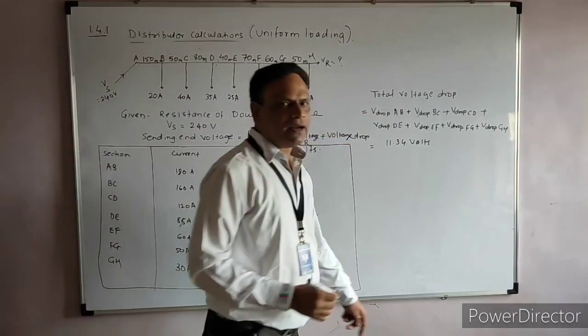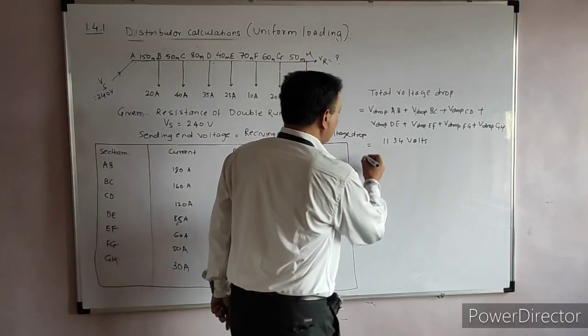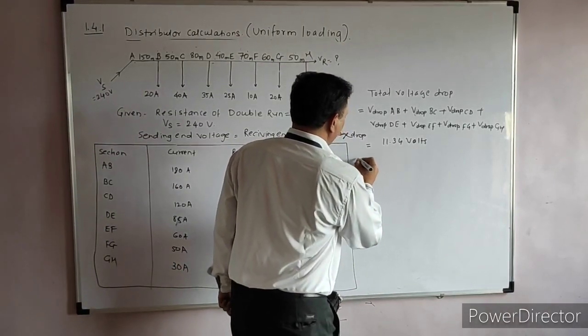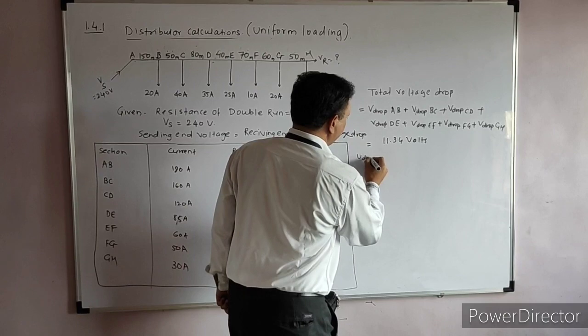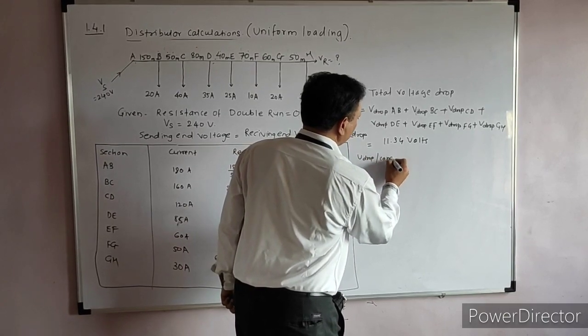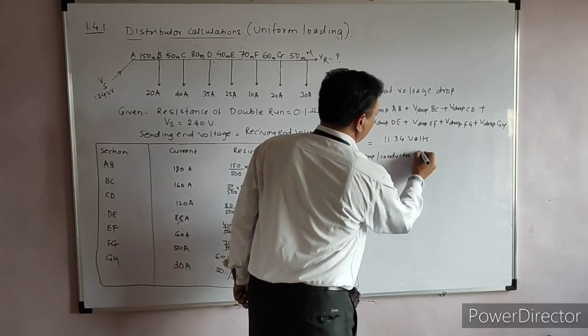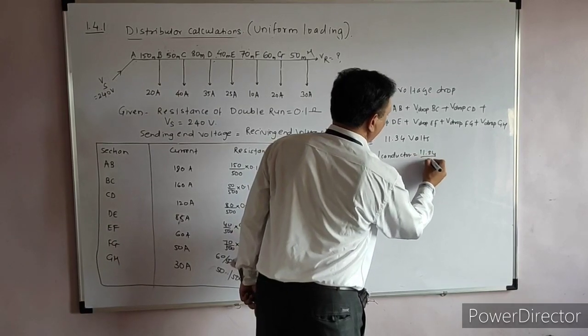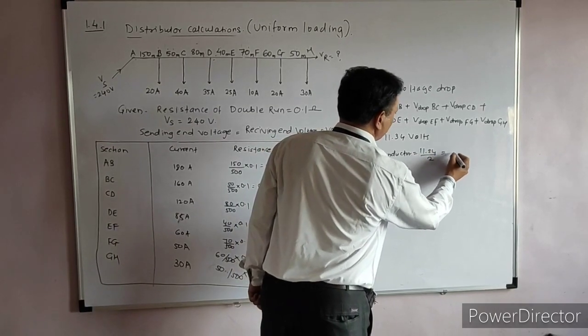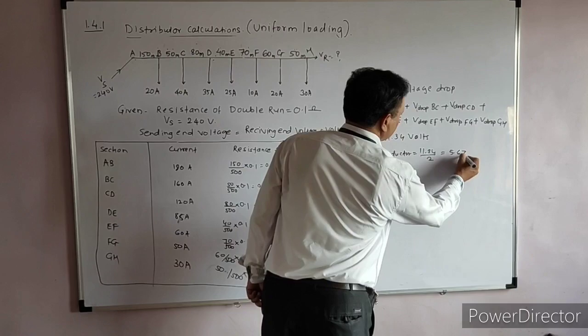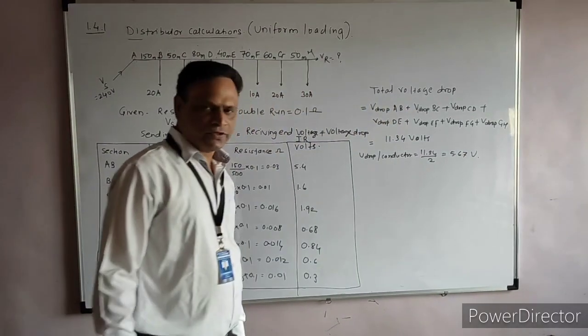But this is for the double run. So for a single conductor, the voltage drop per conductor will be equal to 11.34 upon 2, and this comes to be 5.67 volts.